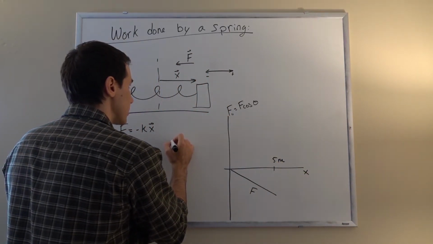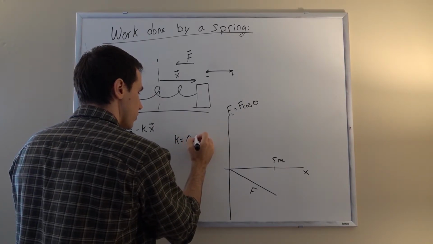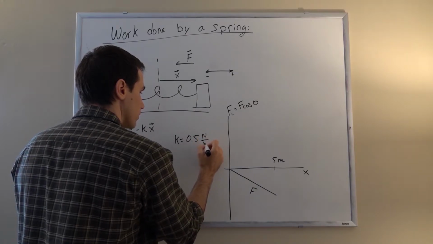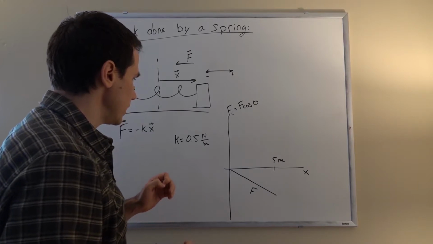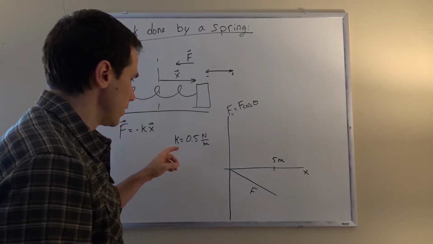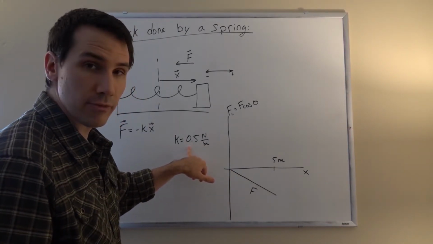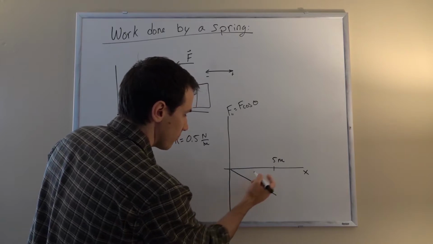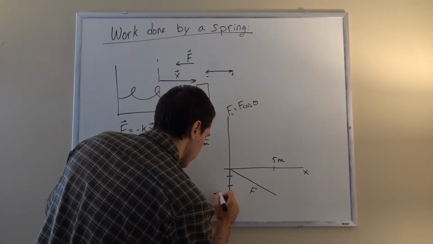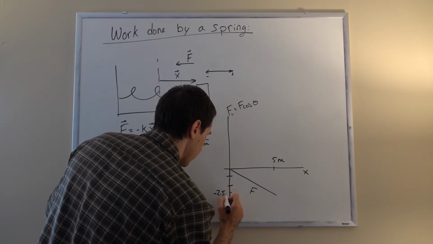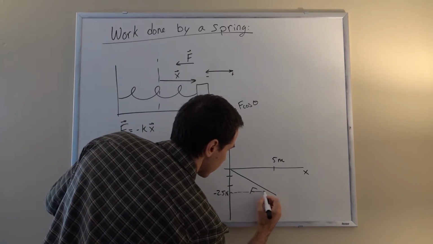And let's imagine that my k value is 0.5 newtons per meter. Okay, well, in this case, the slope of my line is negative 0.5. So in 5 meters, I'll go 1, 2, and then a half. So this will be negative 2.5 newtons is where this line is.